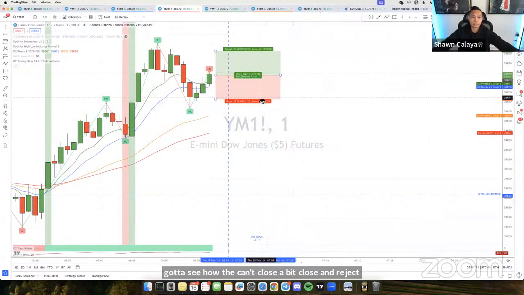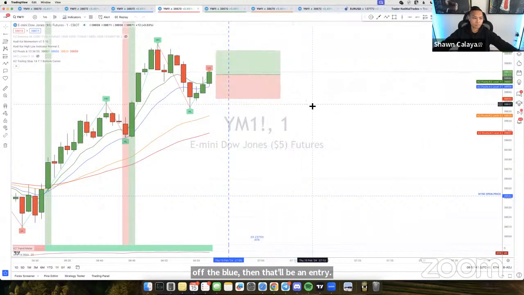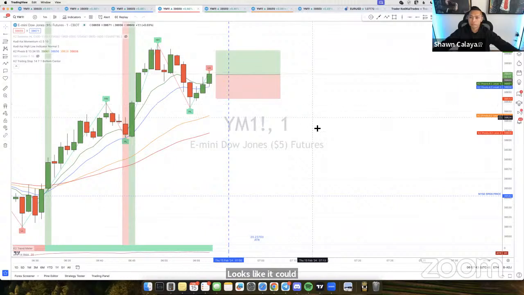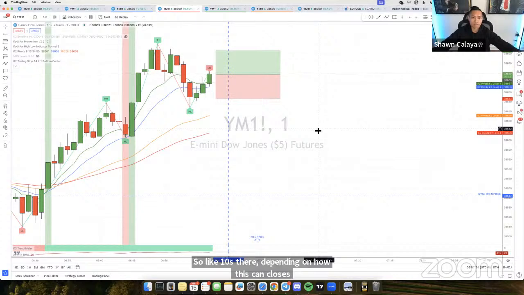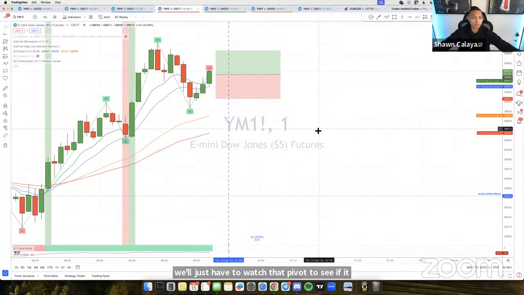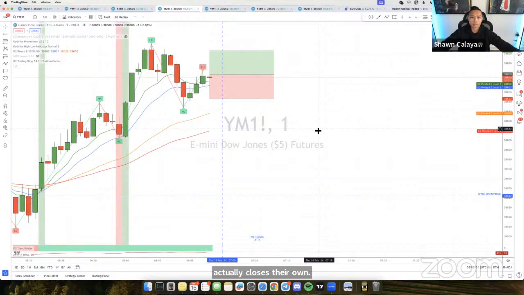Looks like it could. About 10 seconds there, depending on how this candle closes. We'll just have to watch that pivot to see if it actually closes through. Looks like it's going to. Nope. So there's no rejection there.